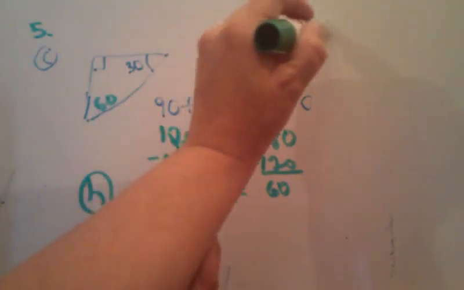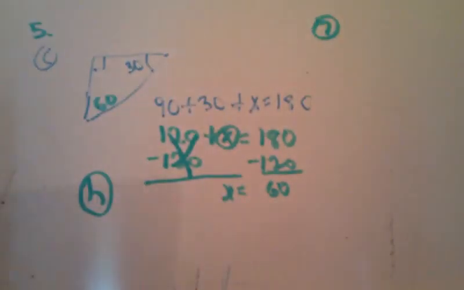Okay, number 7, true or false? All isosceles triangles are similar. True or false? Well, an isosceles triangle means that two sides are the same length, right?